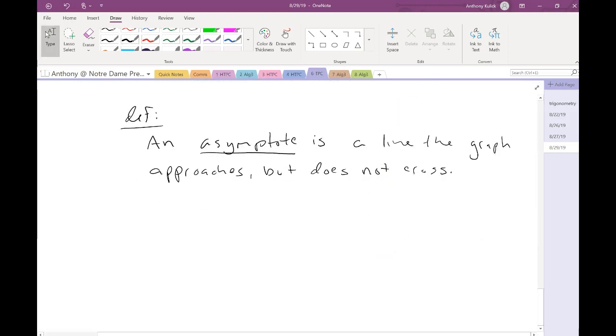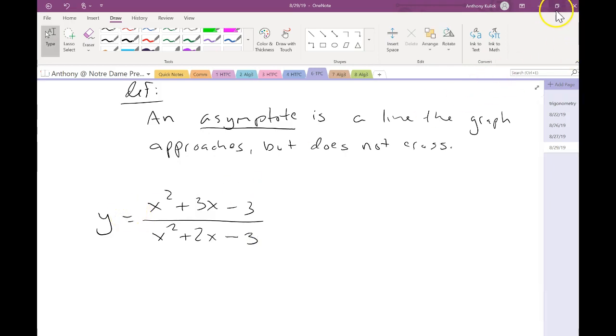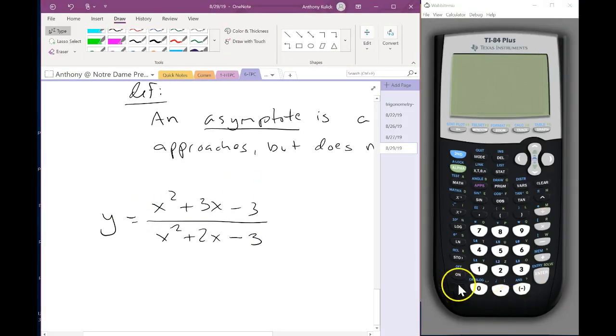So let's take a, for example here. This function, and we'll start by just looking at its graph.